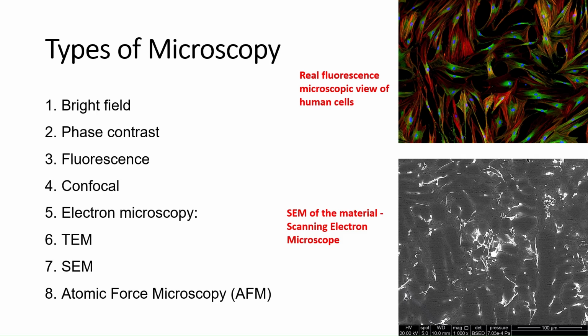Types of microscopy: bright field, routine stained samples; phase contrast, live unstained cells; fluorescence, labeled molecules; confocal, optical sections and 3D images; TEM, internal ultrastructure; SEM, surface details; atomic force microscopy, nanometer scale surface imaging.